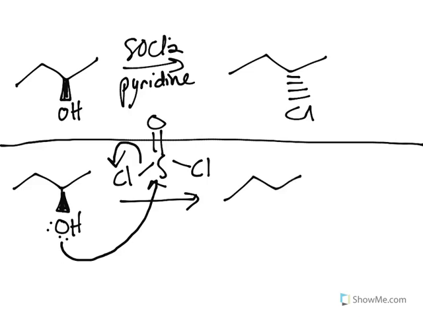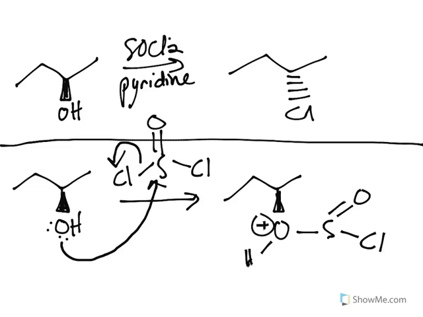leaving us with something like this. The important thing to know here is that in this first step of the reaction, you have retention of stereochemistry, and I'm going to have plus chloride.